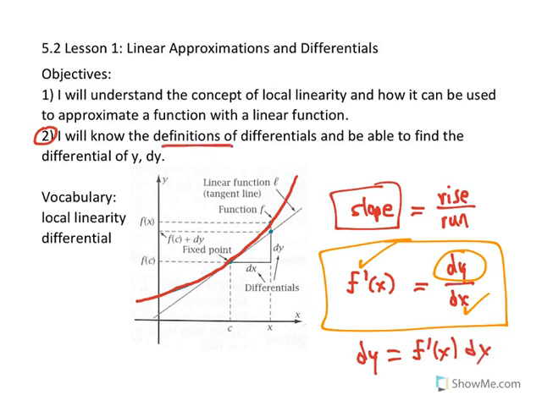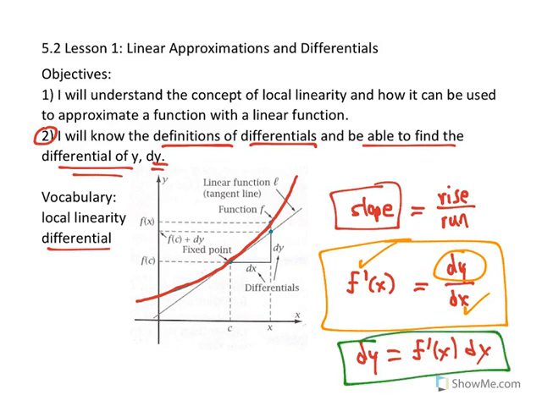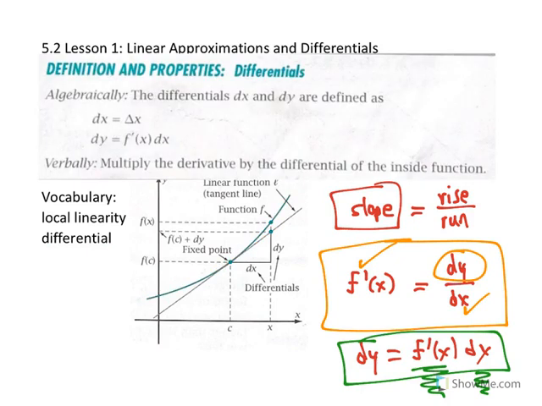So you will know the definitions of differentials and be able to find the differential of y, dy. Simply, to find the differential of y, dy, you need to find f prime of x and multiply by dx. And you can see that stated here, definition and properties, differentials.